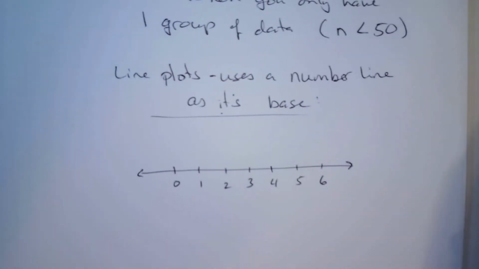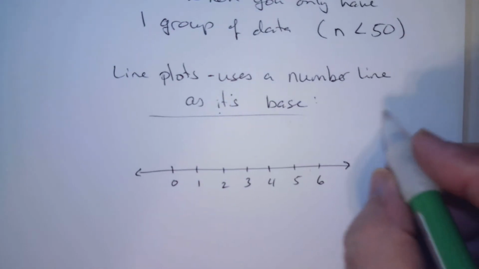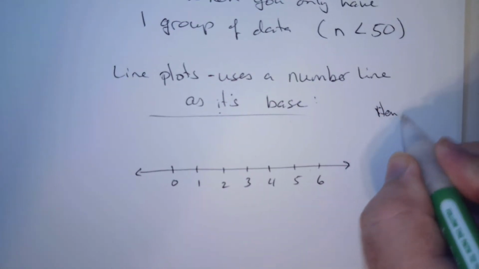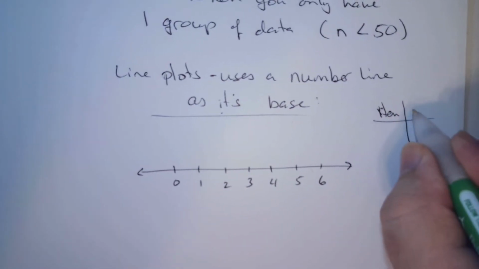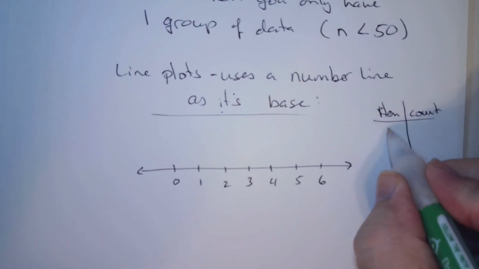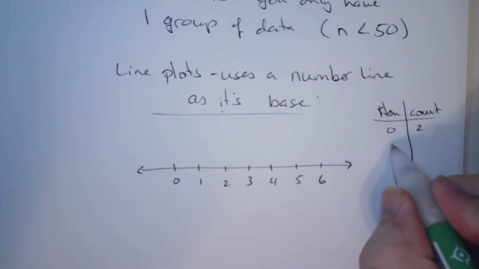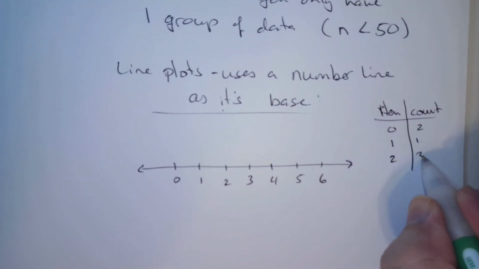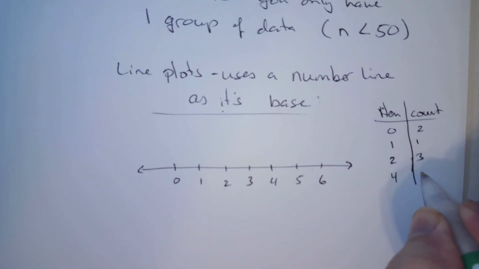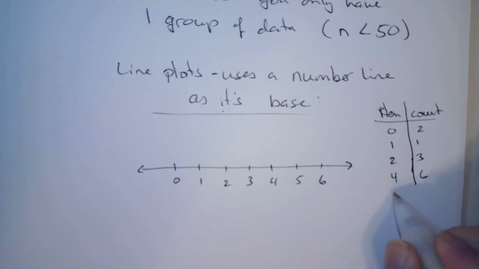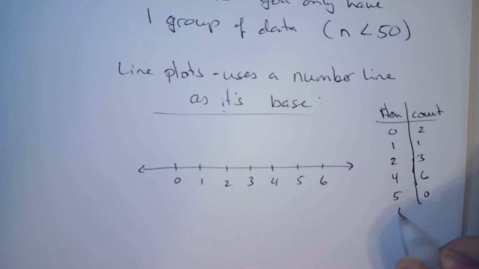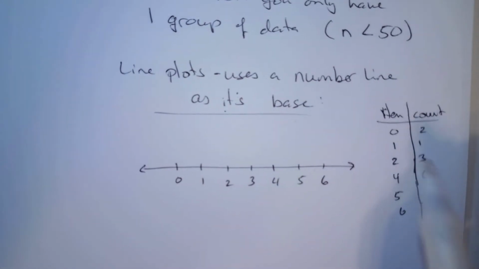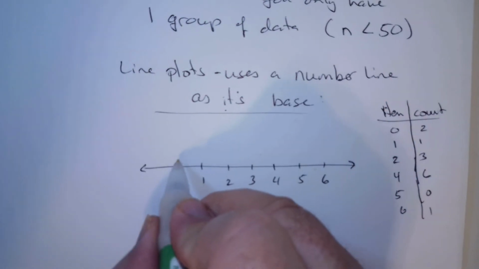So when you look at your data, and if your chart has, okay, here's the item, and this is the count. So 0, we have 2, 1, we have 1, 2, we have 3, 3 we have 3, 4, we have 6, 5, we have 0, and 6, we have 1. So here's your data. What you do here is you put X's.